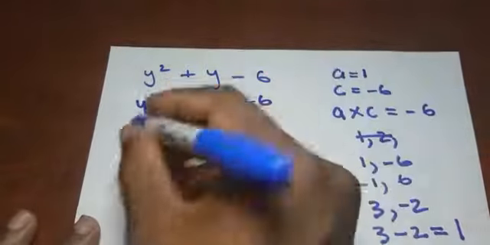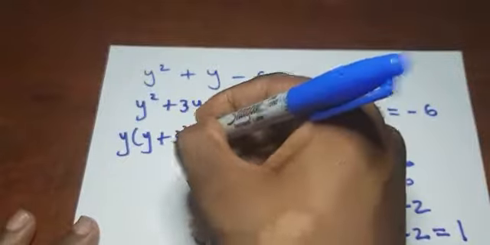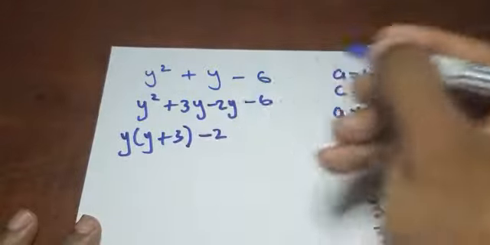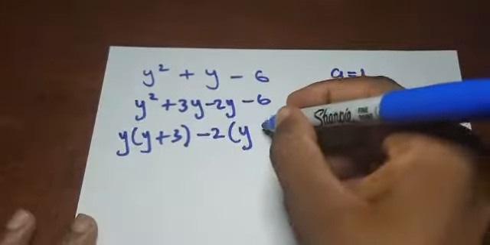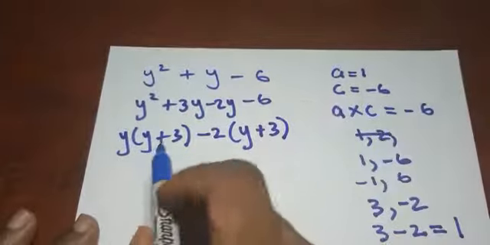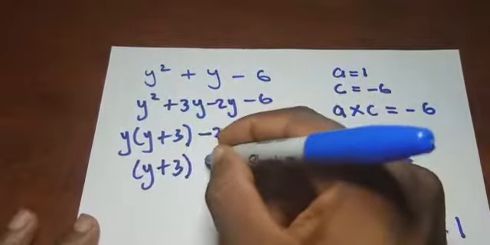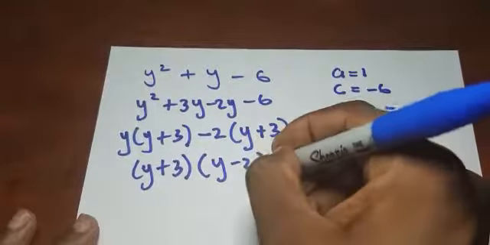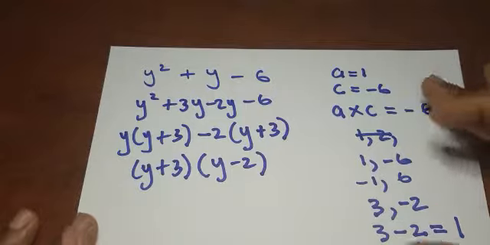Then we factor the first pair, so y into y plus 3. And then factor the second pair with a -2 on the outside, so y plus 3. And then we say that y plus 3 is common. So y plus 3 and then y minus 2. And that would wrap up that question.